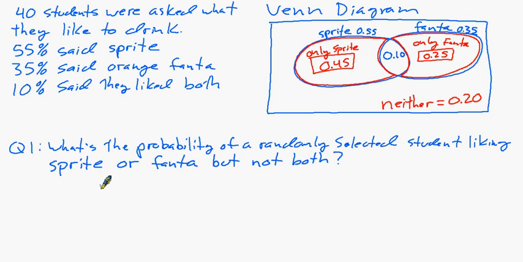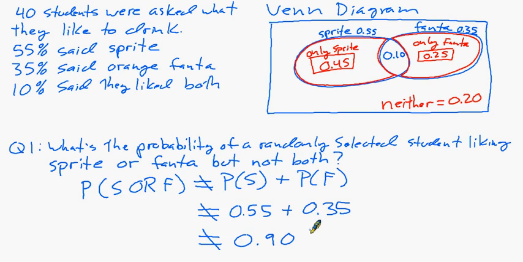So what we're going to do is use the straight addition rule, and I'll show you why it's wrong. And then I'll show you how to do it right. So here, if we are going to use just the straight addition rule, the probability of Sprite or Fanta is not going to be equal to the probability of Sprite plus the probability of Fanta, because 55 and 35 is 90%.